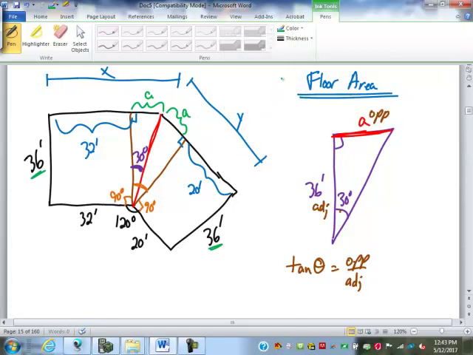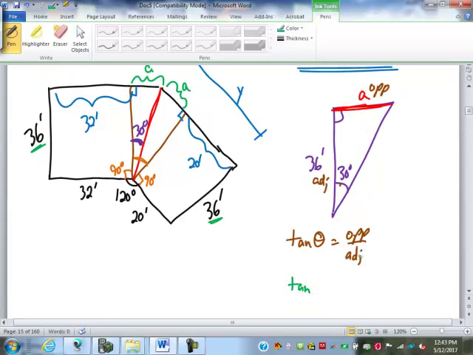So I write down the definition, I fill in what I know. Do I know theta? Yes. What is it? 30 degrees. Good. Do I know the opposite side? No, so I'm going to call that A, what I'm looking for. Do I know the adjacent side? Yes, 36. So I make this a proportion, put it over 1, and I will cross multiply and divide.